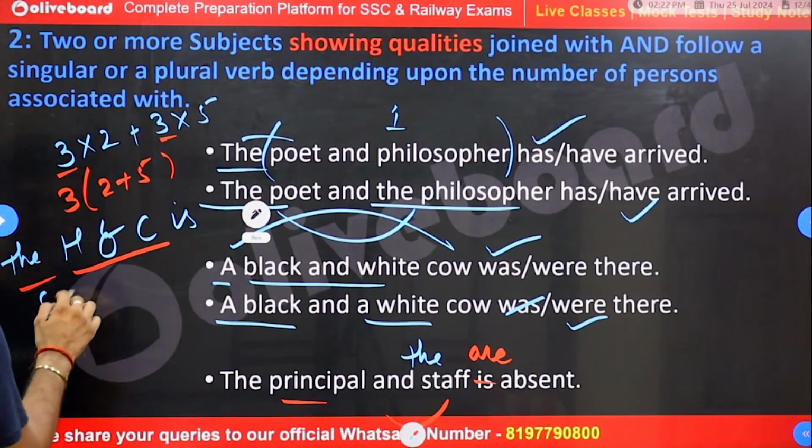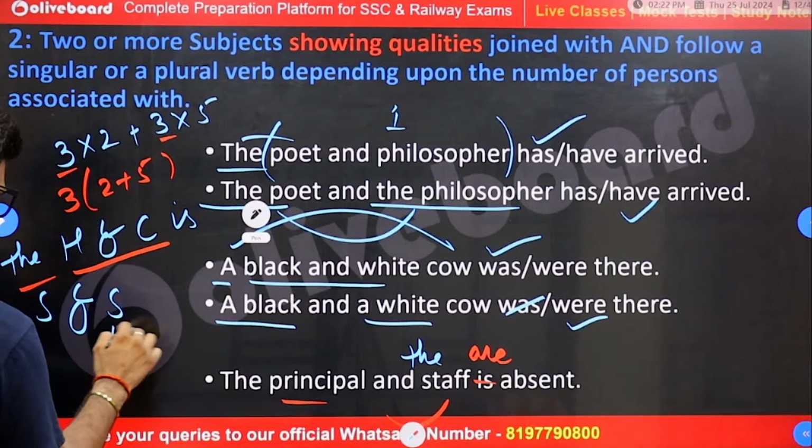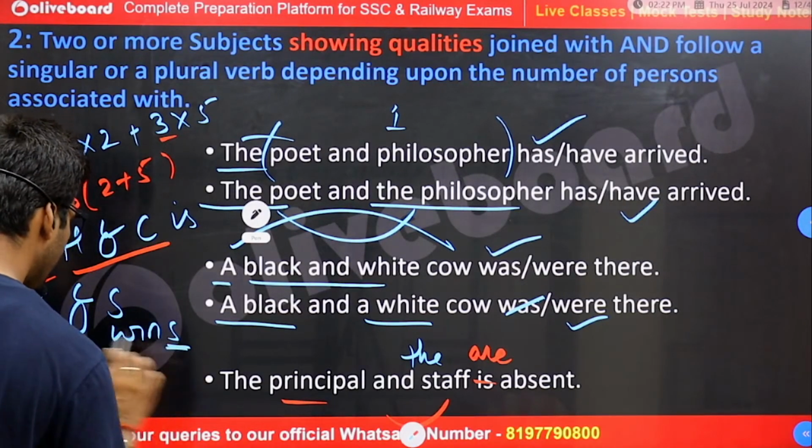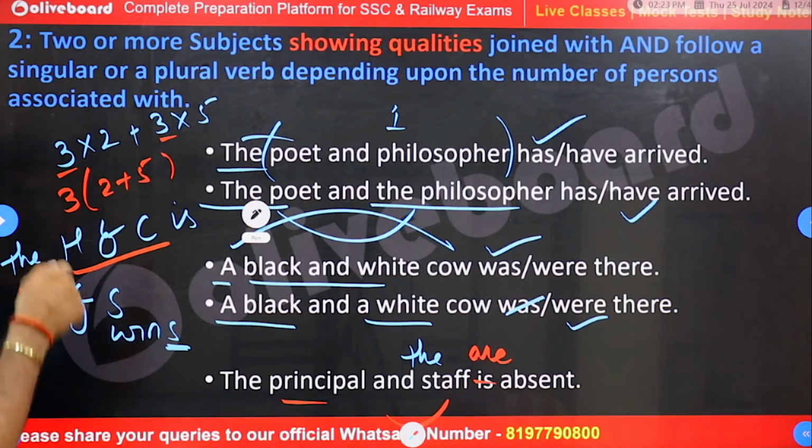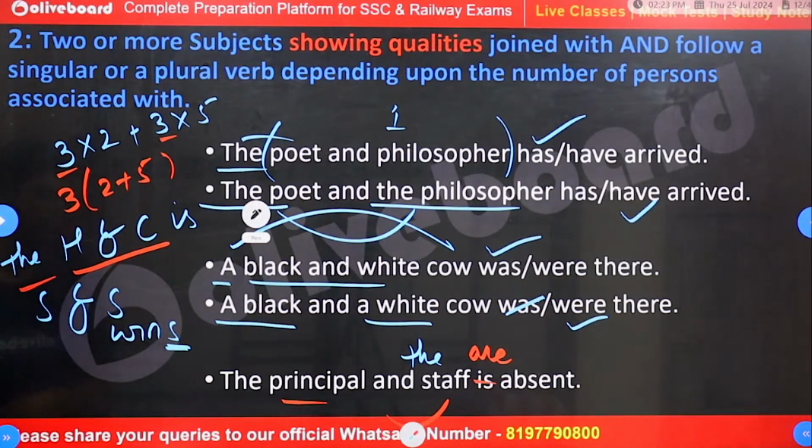Say, slow and steady wins the race. Why? Because collectively, you are talking about just one person with two qualities. He can be slow, but he has to be steady in order to get something. So you have to be slow, but you have to be steady enough to win the race. Just one body is there.